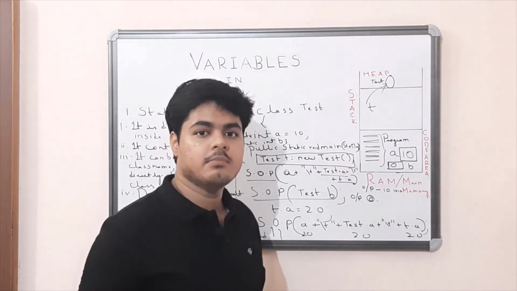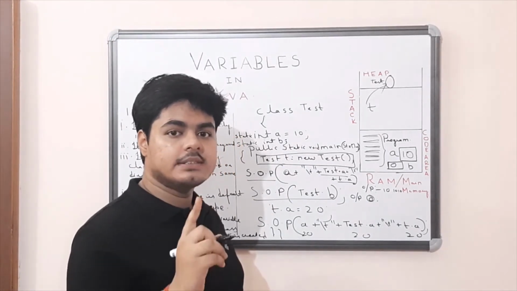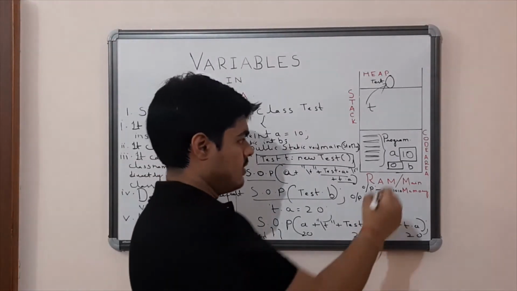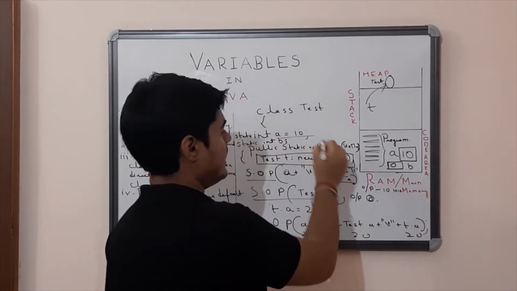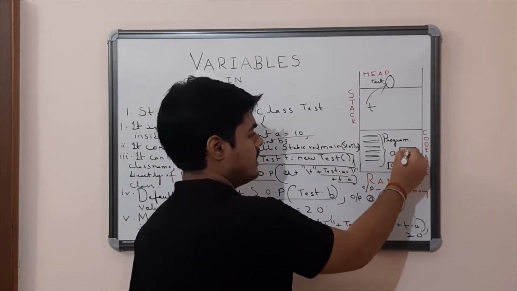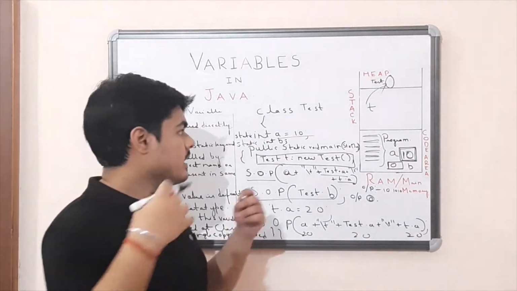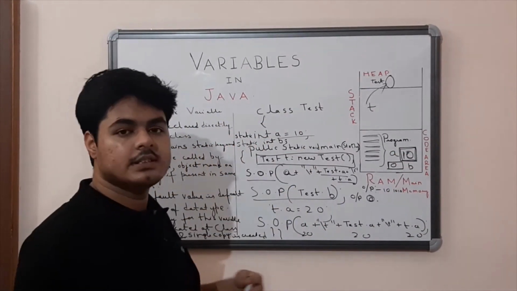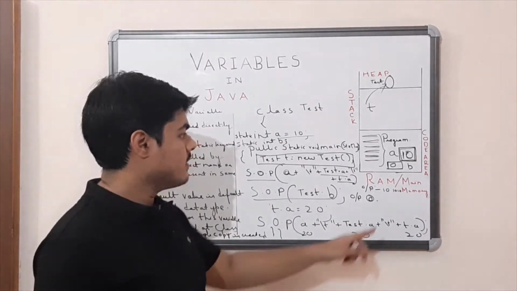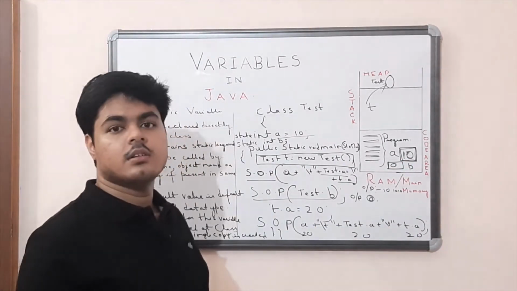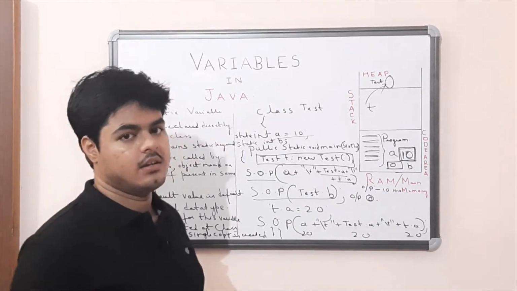And always remember, for a static variable only a single copy is made. Like suppose we are declaring a, so only a single copy of a is made. If you create 100 objects for this class Test, there will only be a single variable a.